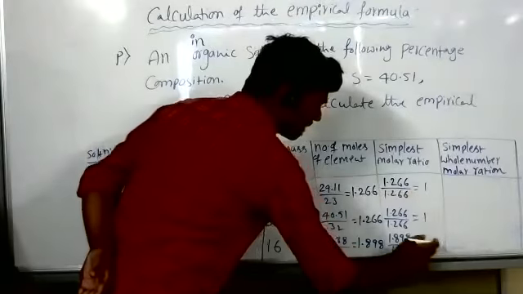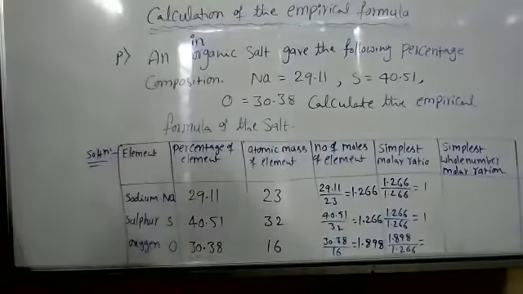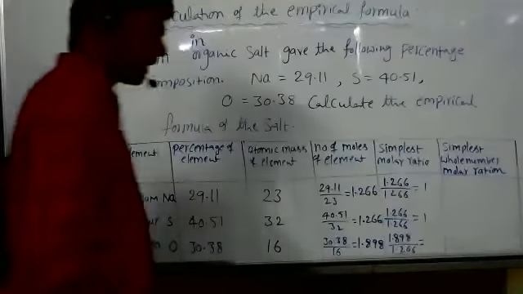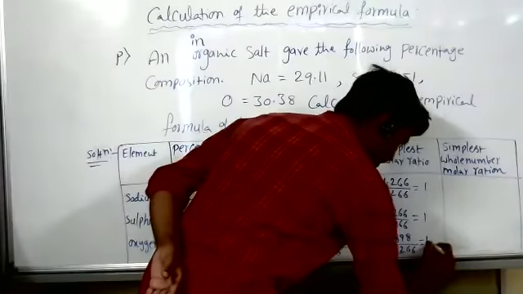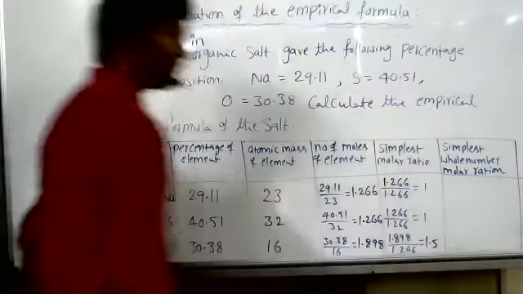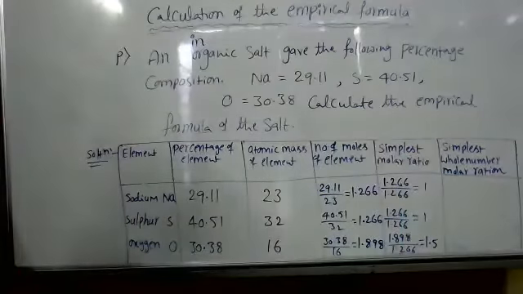This is also 1. And 1.898 divided by 1.266 gives 1.5, so we can write it as 3 by 2. Next, the simplest whole number molar ratio.